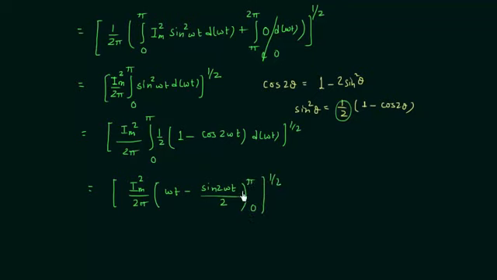When you put the lower limit and upper limit and solve it, you will have Im square divided by 2 pi multiplied by pi. You will get pi when you put the lower limit and upper limit, to the power 1 by 2.